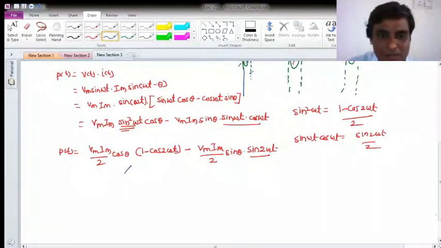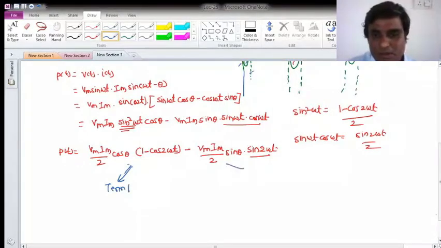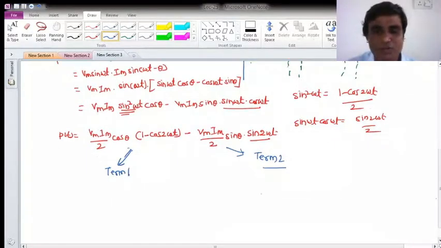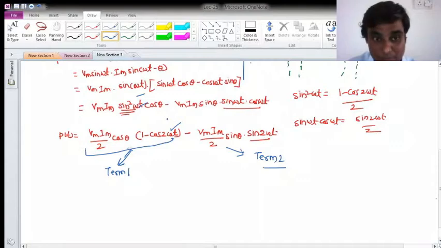This is term 1, and this is my term 2 in this computation of the instantaneous power. What I observed is that if I vary the angle of the cosine, this term will always be positive.